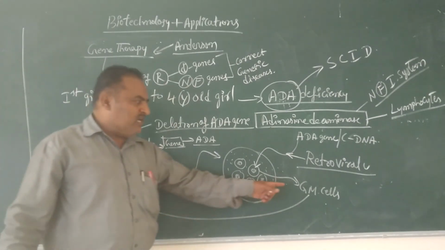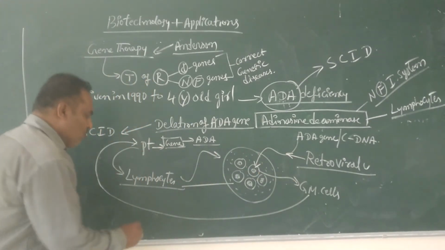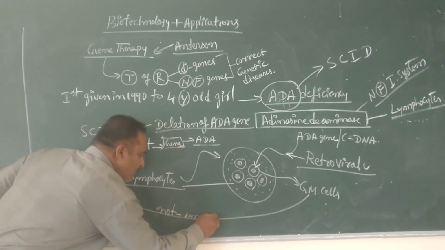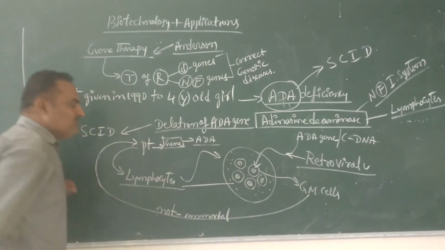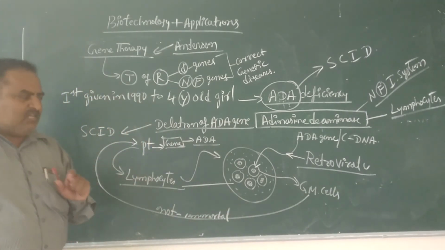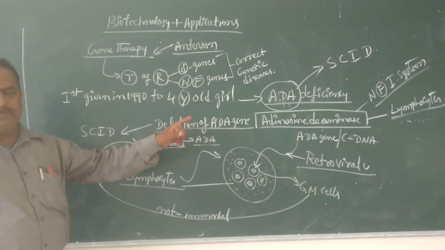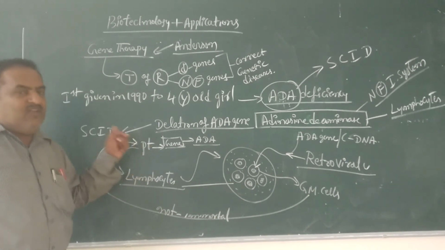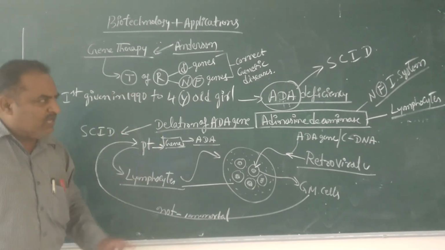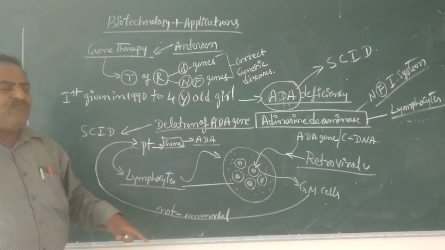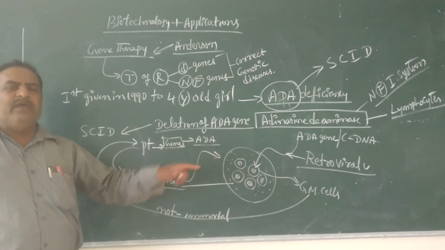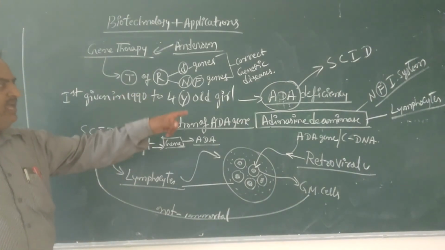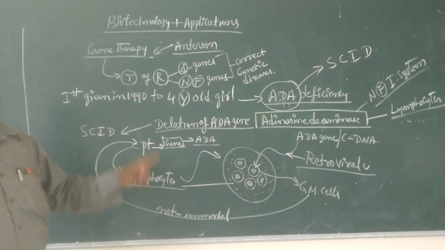But here, the genetically modified lymphocytes are not immortal. Not immortal means their lifespan is very short. Therefore, the patient requires periodic infusion, which means regular treatment is necessary to avoid SCID disease or ADA deficiency.